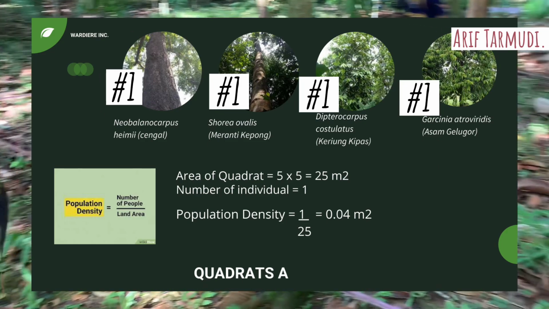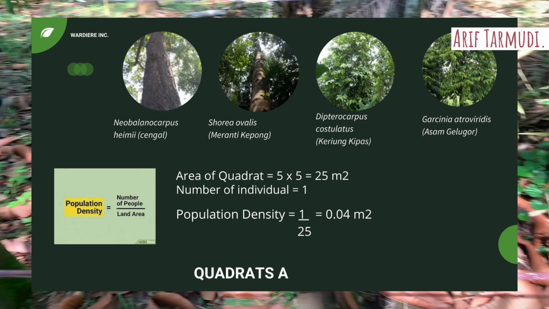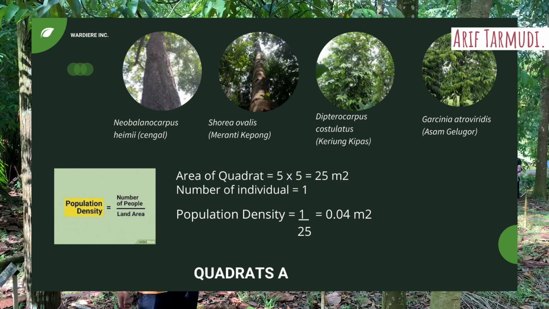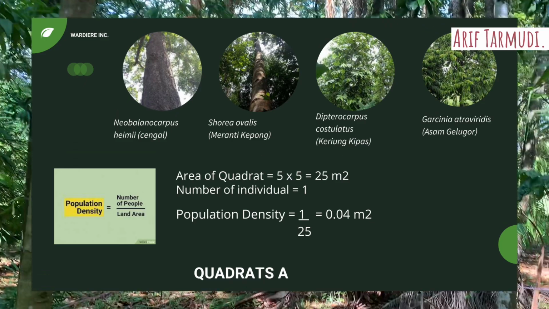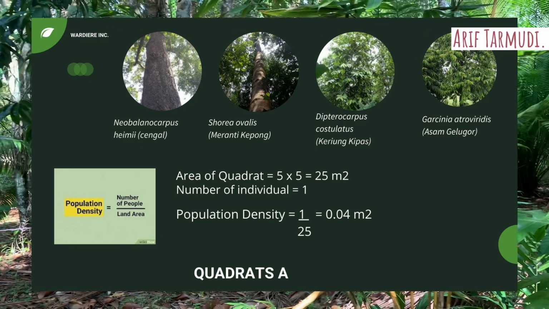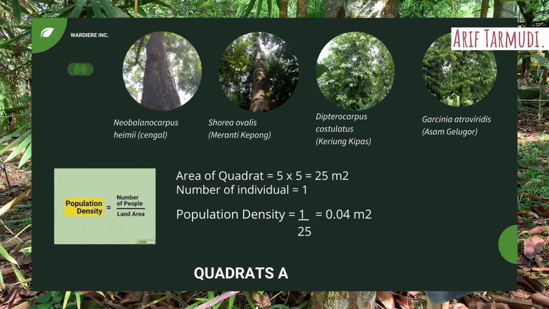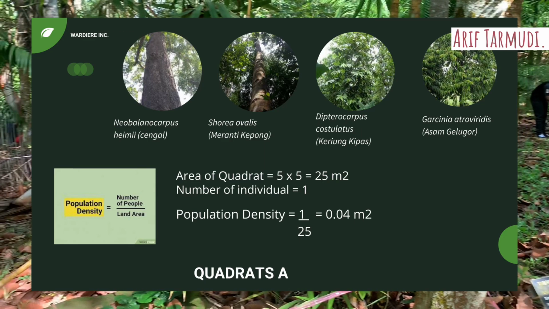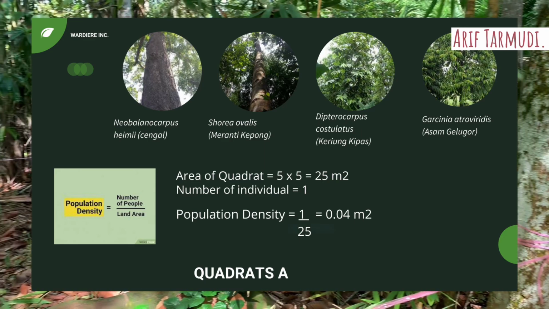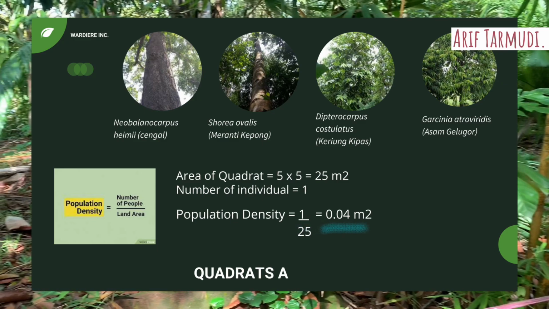For the density of the organism, we use the formula number of individuals over area of the quadrat, so we get 1/25 meter square, or we can simplify it to 0.04 m square.